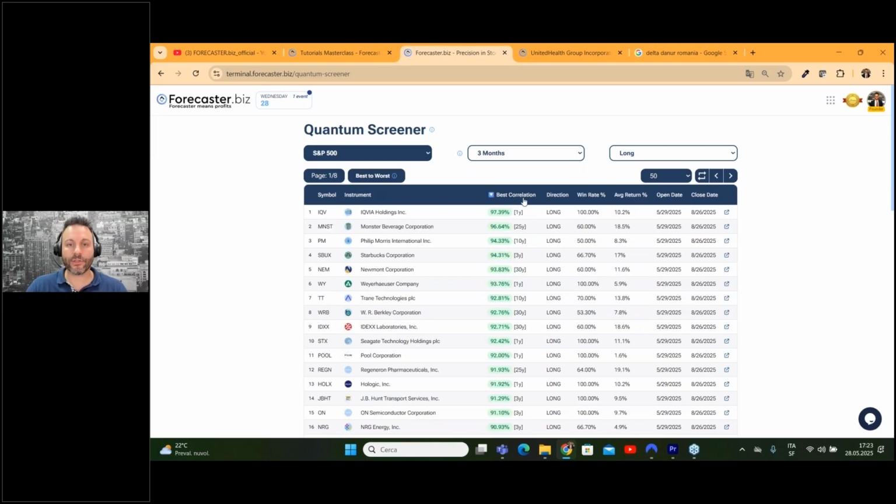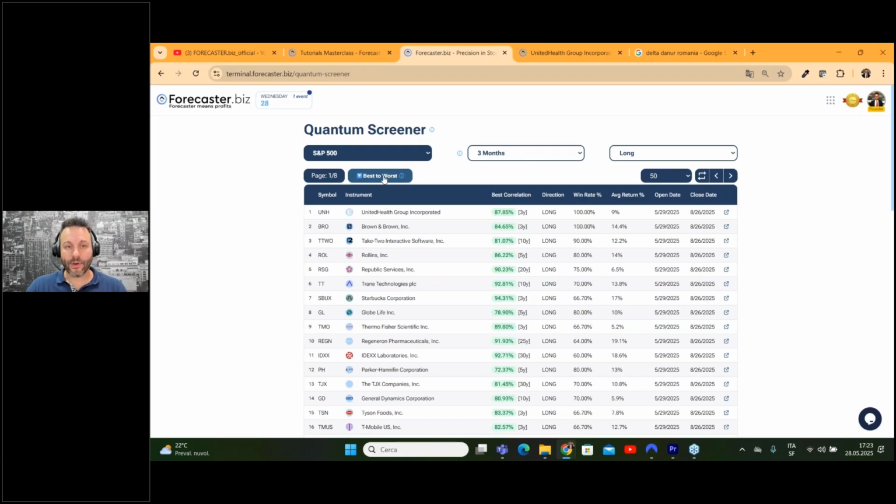You can sort it for best correlation. By default, we have the best to worst activated, which does an average of all these columns, okay? But as I told you, there's no right way to use it.